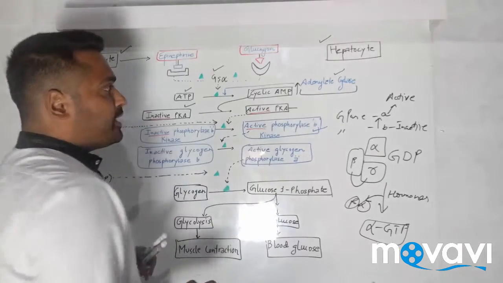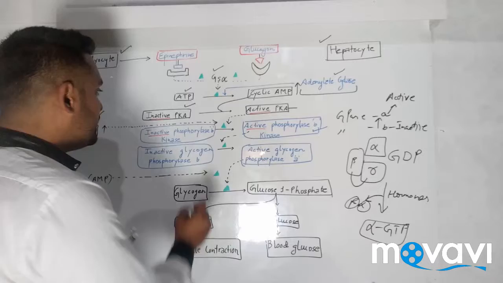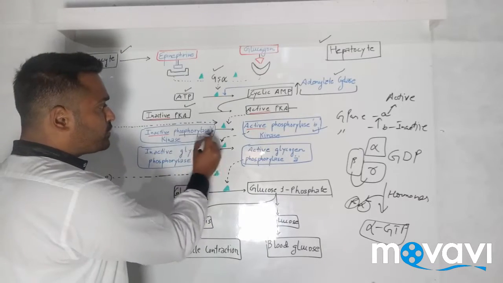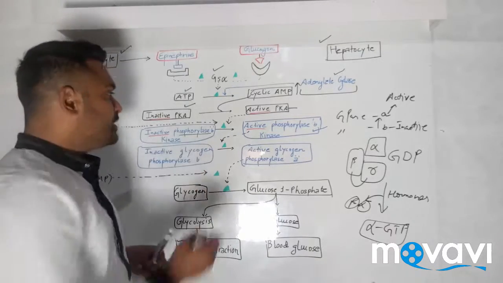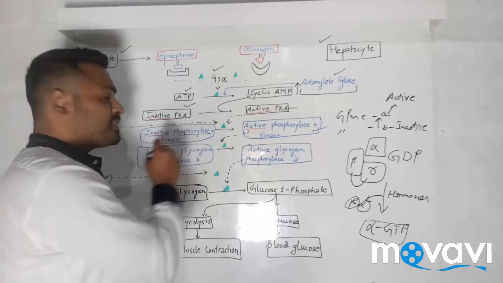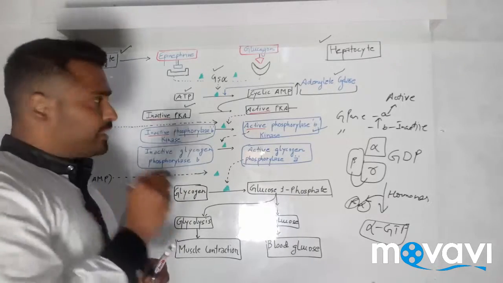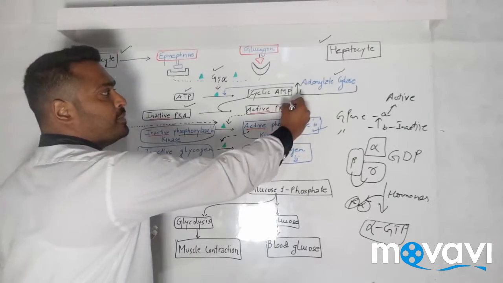Active PKA is going to phosphorylate inactive phosphorylase B kinase. This is another enzyme which is a kinase but in inactive form, activated by PKA.